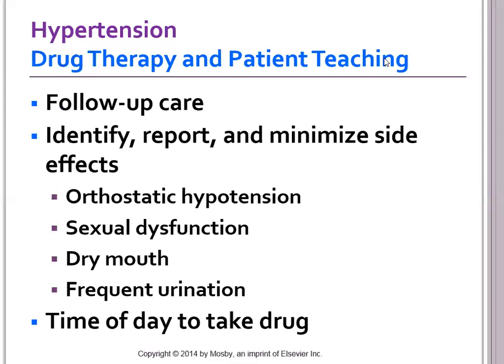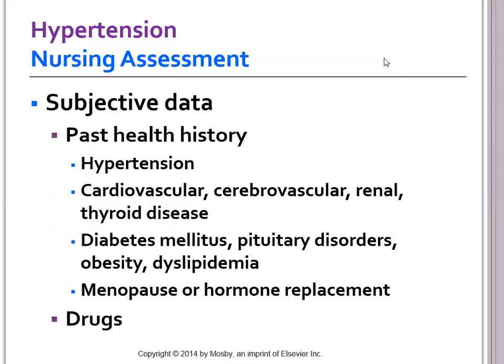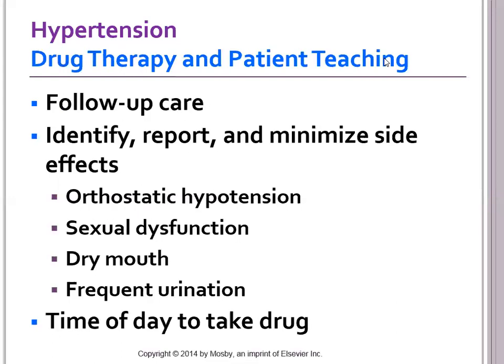With any of these antihypertensive meds, what do we always teach our patients when they're taking these meds? Change position slowly, because it's common that when patients start blood pressure meds, they can become orthostatic, they can fall easily, they can become dizzy.